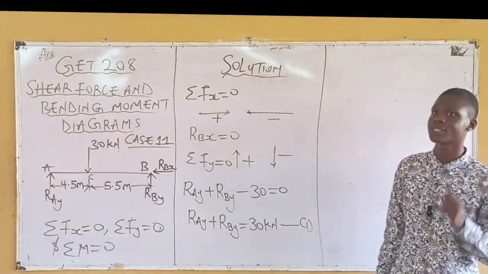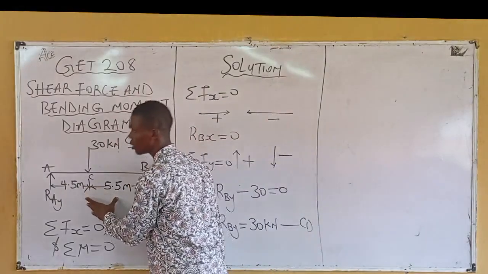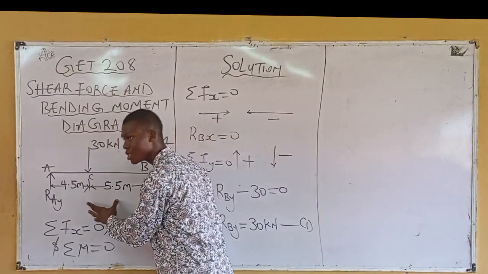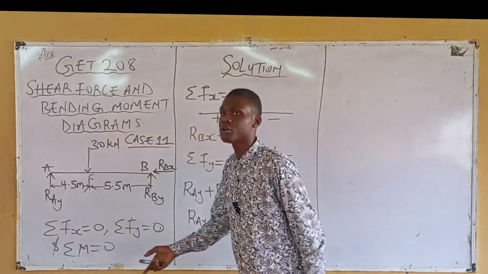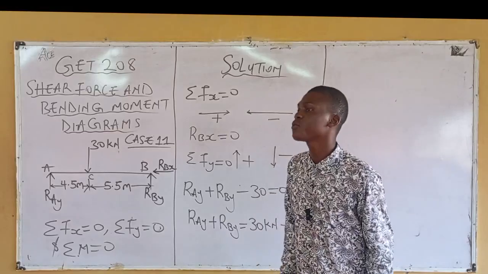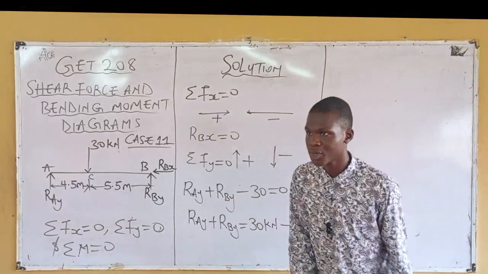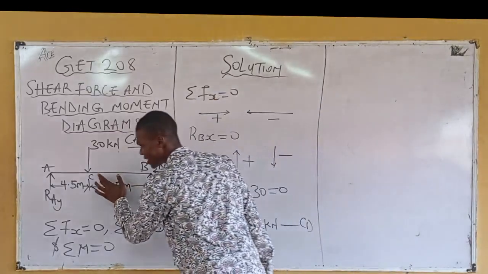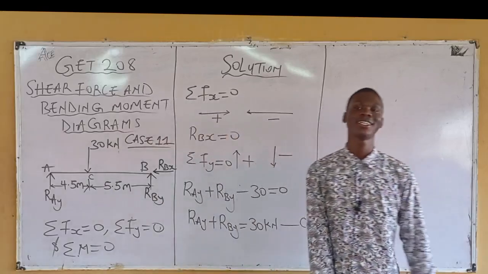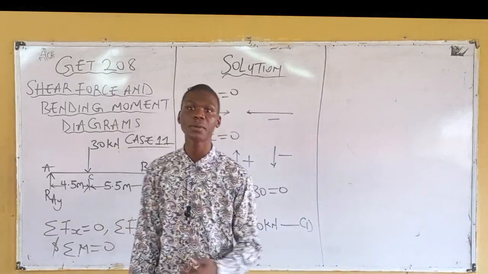Keyword: any point. Earlier we identified how many points do I have here? Three. So when you say summation of moment about any point equals 0, does that mean we can take moment about A, about B, about C? You are wrong. So now, pay maximum attention.